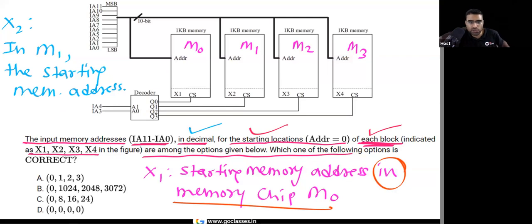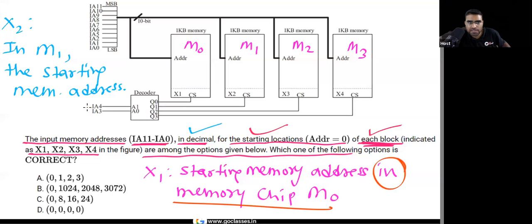Did you take care before solving this question? Did you notice whether A4 is connected to the MSB or LSB of the decoder? Basically, you can see A11, A10, and A9 and so on.